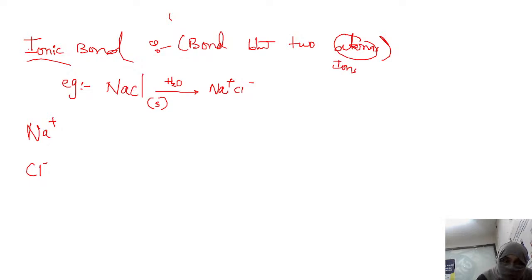Though in the solid form we don't write ions here, still we consider the bond between NaCl to be ionic, because after dissolving in water they get ionized. Ionic bonds are ionic only in the aqueous state. In the solid state, they do not get ionized. Please remember. So let's see why the sodium is getting a positive charge and why the chlorine is getting a negative charge.